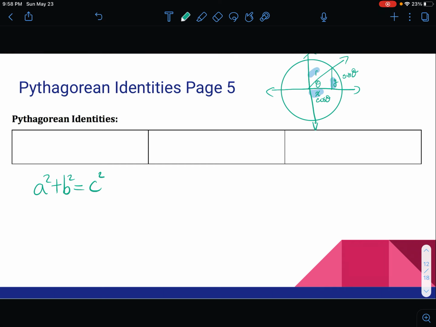So x squared plus y squared is equal to r squared. Now we know the radius is 1, so 1 squared is just 1, and x is also represented by cosine. So cosine squared theta plus sine squared theta is equal to 1, and that's going to be the first Pythagorean identity.